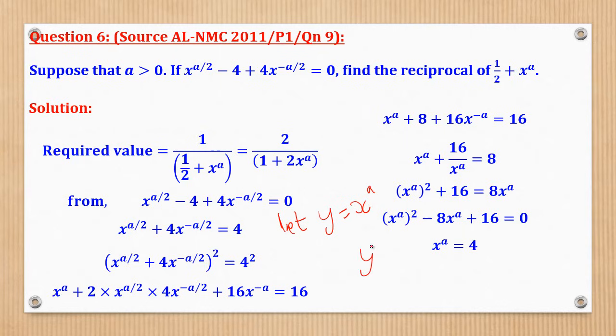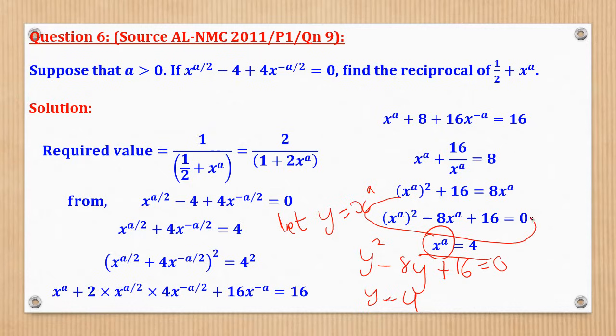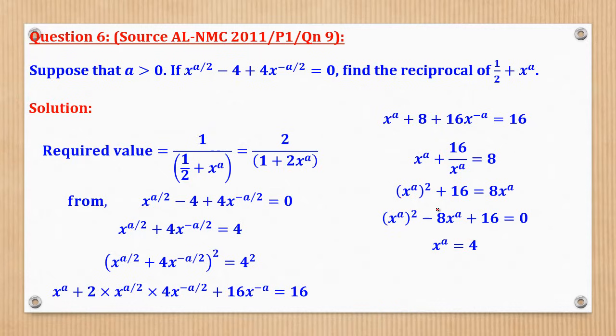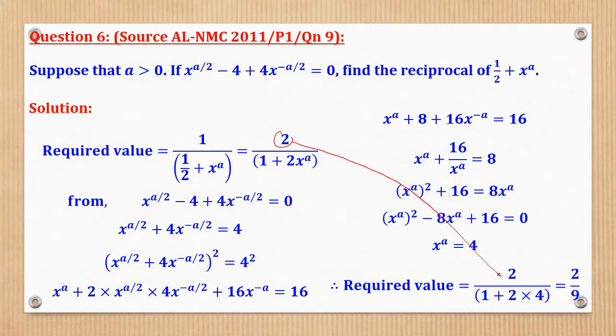In that case, I would say y squared minus 8y plus 16 is equal to 0. Then I realize that the value of y will be equal to 4. But y is x power a, so that's where this is coming from. Therefore, the required value will be, remember it was 2 over 1 plus 2 times x power a, to give you that as the answer. So basically, that is what they wanted in question 6.